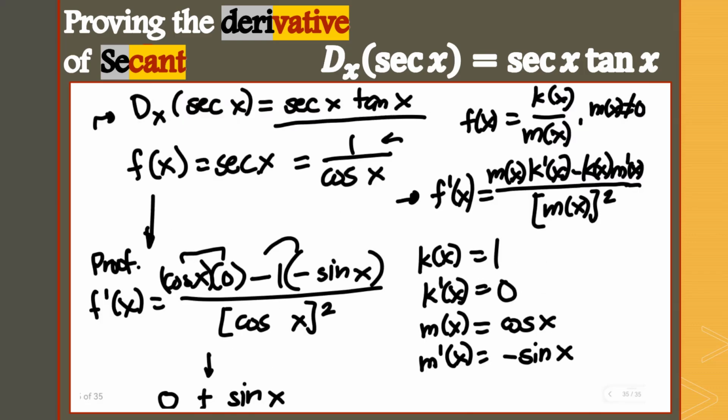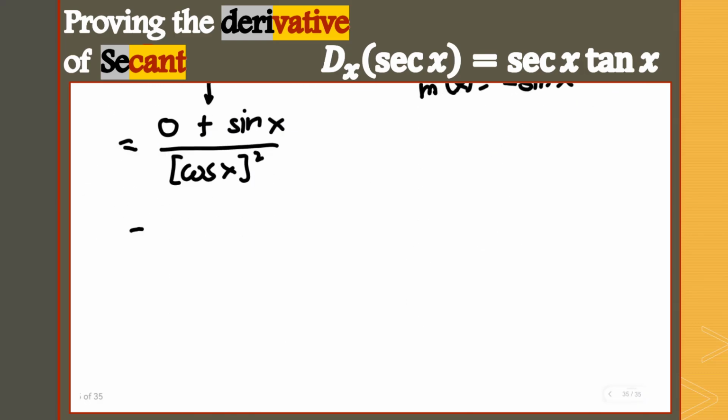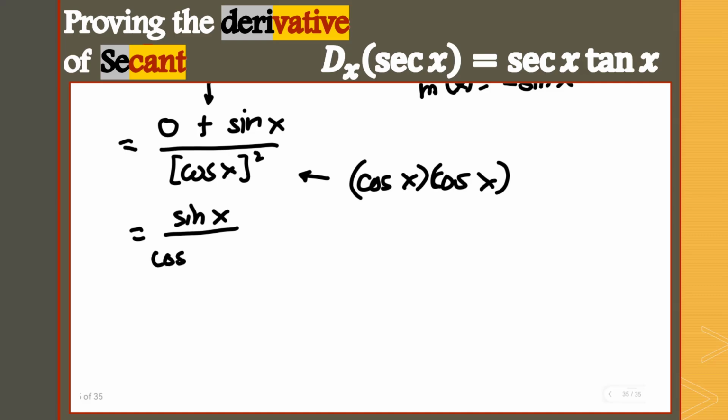Basically this is just sine x over cosine x squared. And what does this mean? If we have an exponent of 2, that is actually a product of two cosines, cosine x times cosine x.